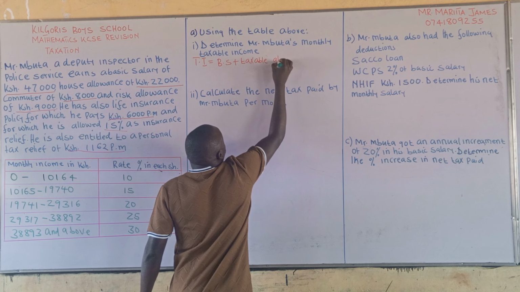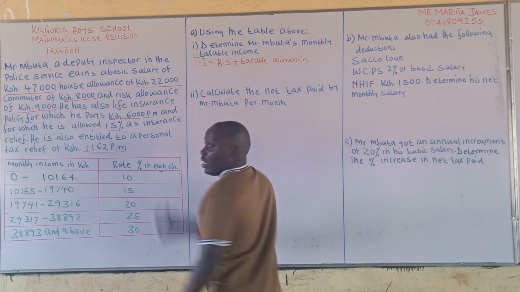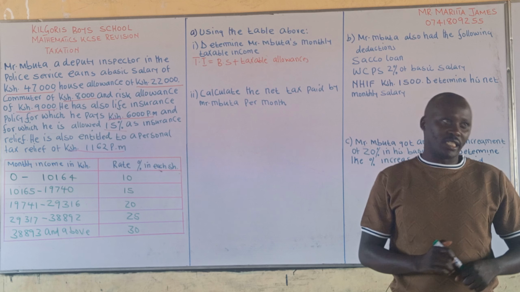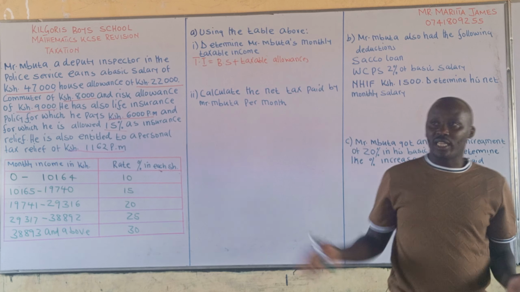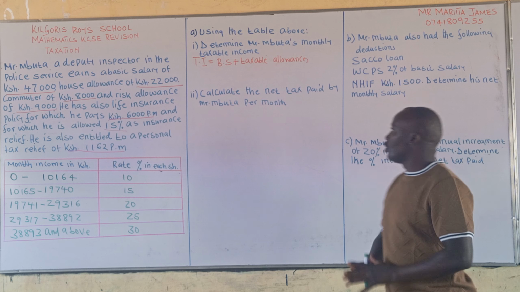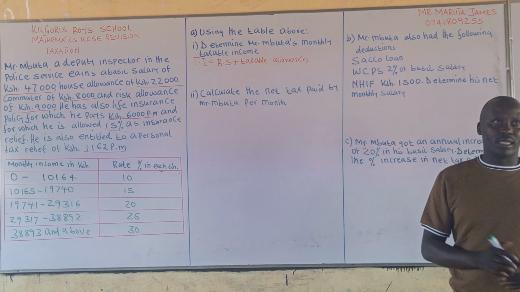In this case, Mr. Mbuda has no exemption, so there is no amount exempted from taxation. So the taxable income remains as the basic salary plus the taxable allowances.